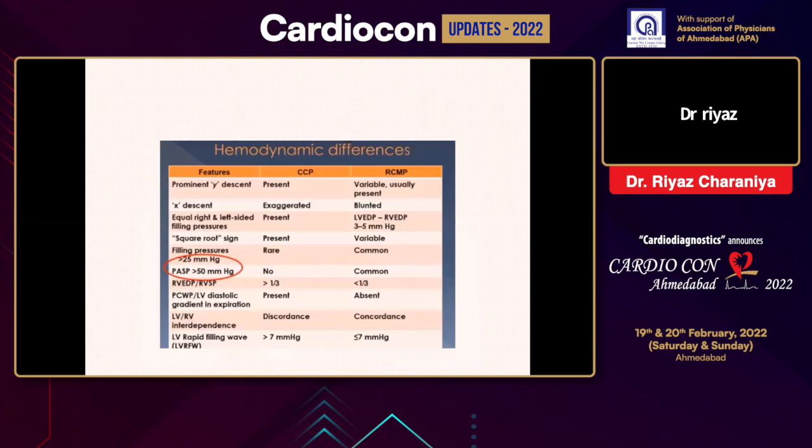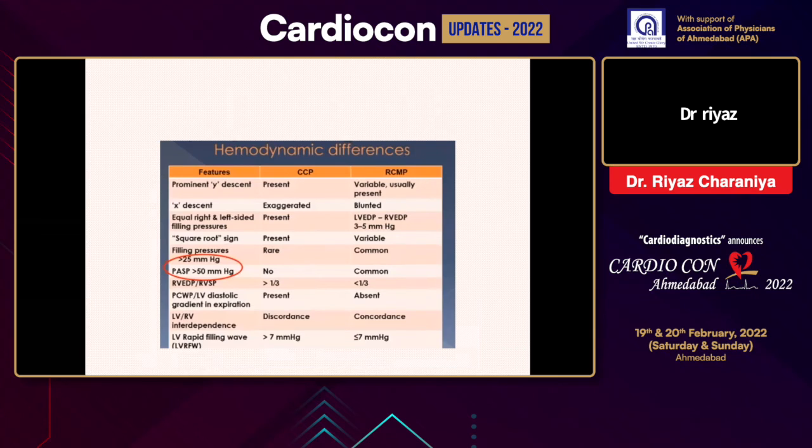So to summarize, there is a prominent Y descent which is present in both, but the X descent is present in constrictive pericarditis, whereas it's blunted in restrictive cardiomyopathy. Equalization of the pressures is more commonly found in constrictive pericarditis, whereas the LVEDP is slightly raised over RVEDP by 5 in restrictive cardiomyopathy.